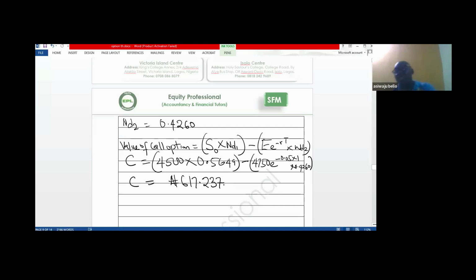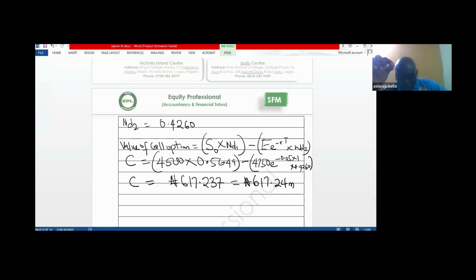We have solved this question in the physical class, and the answer we got was 617.24. That means they approximated. You can approximate. That will give us 617.24. That is the value of your call.